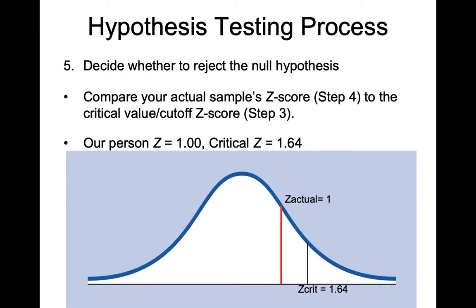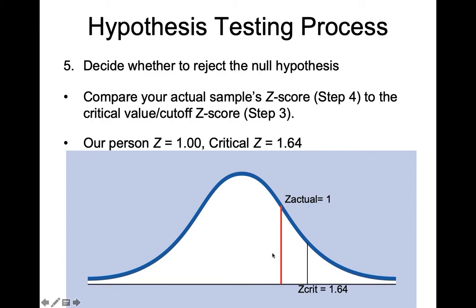So now what we need to do is locate that score in the distribution, and decide whether to reject or fail to reject the null hypothesis. So we're going to compare the actual z-score that we calculated with our sample to the critical value. And we're going to say, is this z-score that we calculated more or is it less? If it's more, it falls in our critical region.